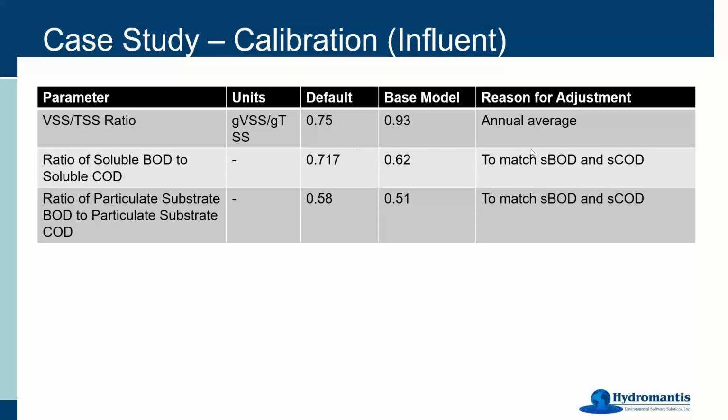We used the 2018 annual average for the BSS to TSS ratio. And to match the soluble BOD and the soluble COD data, we reduced the default BOD to COD ratio by approximately 15%. The default value here in GPSX is the typical value for typical municipal wastewater.